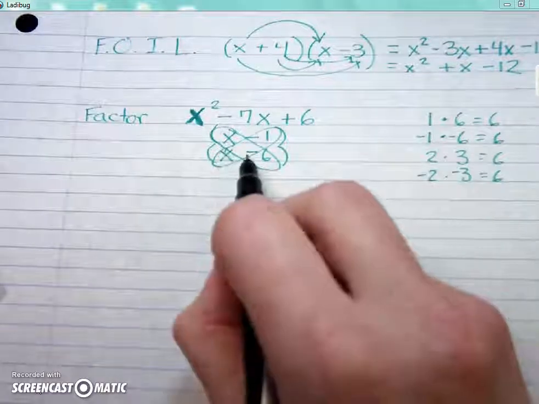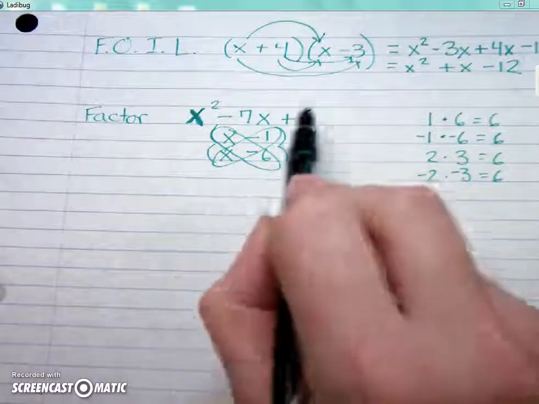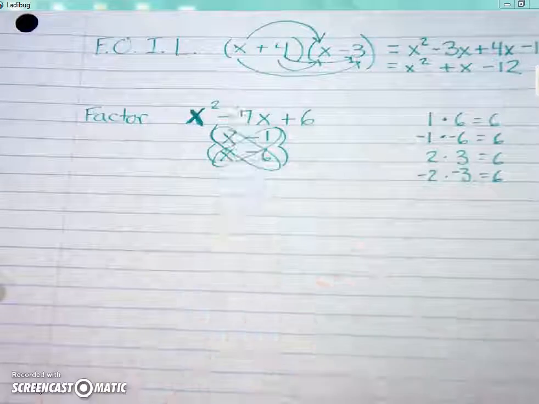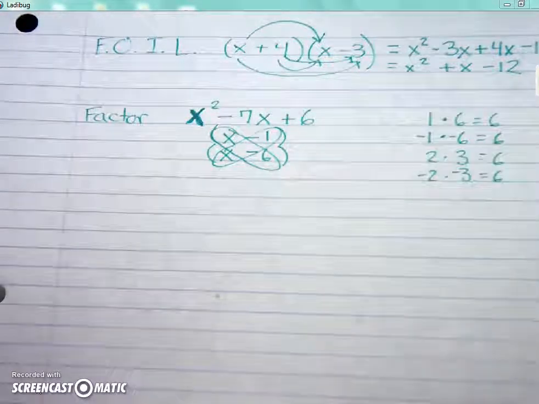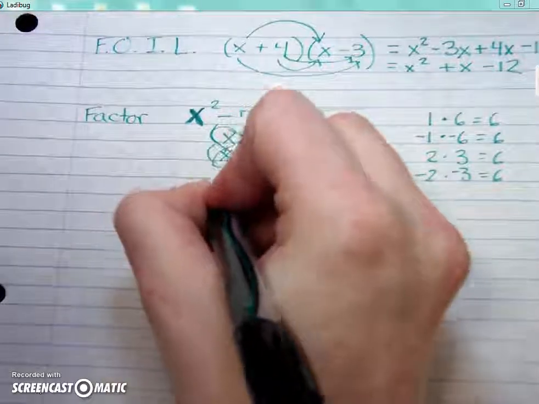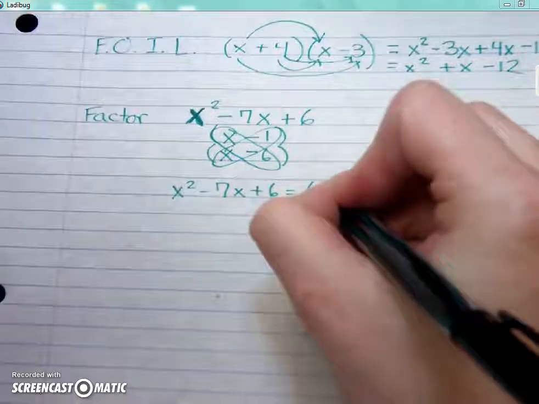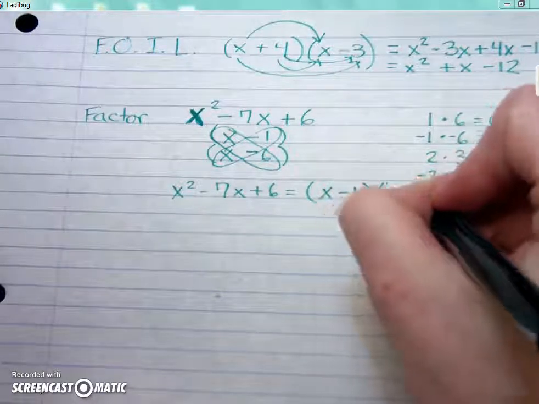So that's a negative 6 times x is a negative 6x, plus a negative 1 times x is a negative 1x. Them combined together would be negative 7x. So when we factor this trinomial, we actually get x minus 1 times the quantity x minus 6.